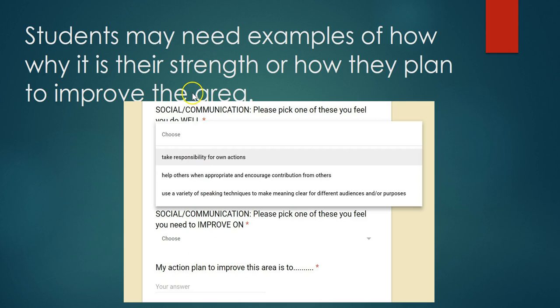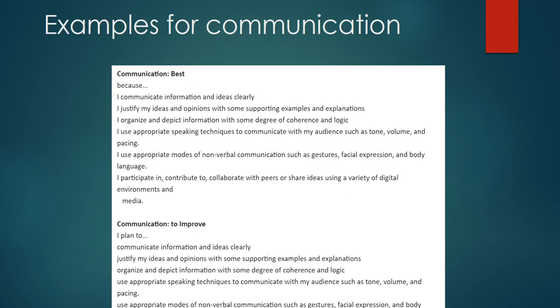So they may need some examples of this on how or why this is their strength and how or why they plan to improve it. A lot of the kids have trouble just coming up with that on their own. So Ms. Hoffman came up with this great thing that says communication, and it's best because whatever you pick, maybe these are some examples the kids could use.